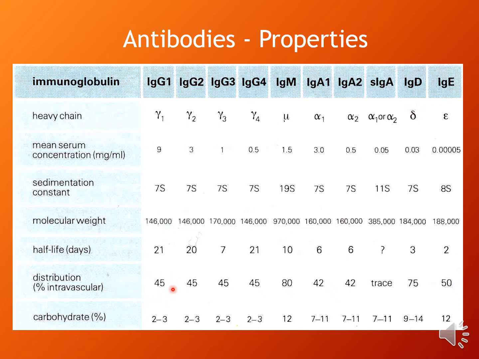So about 45% for the different forms of IgG subclasses, and 80% of the IgM is found in the blood, 42% for IgA subclasses, 75% for IgD, 50%, so about half, for the remaining other classes in the circulation. And the other information we have here is the amount of carbohydrate that may be present in the molecule.